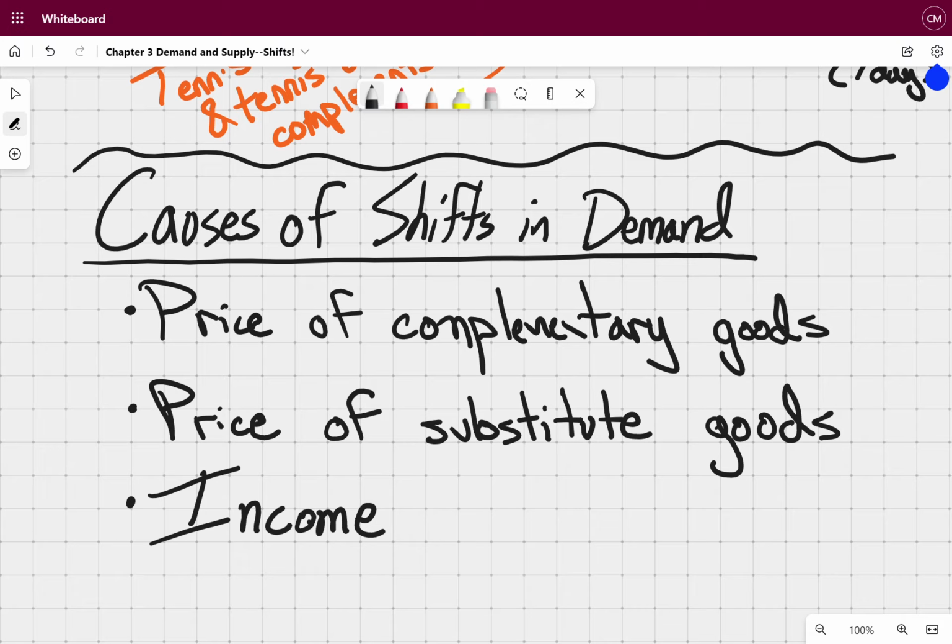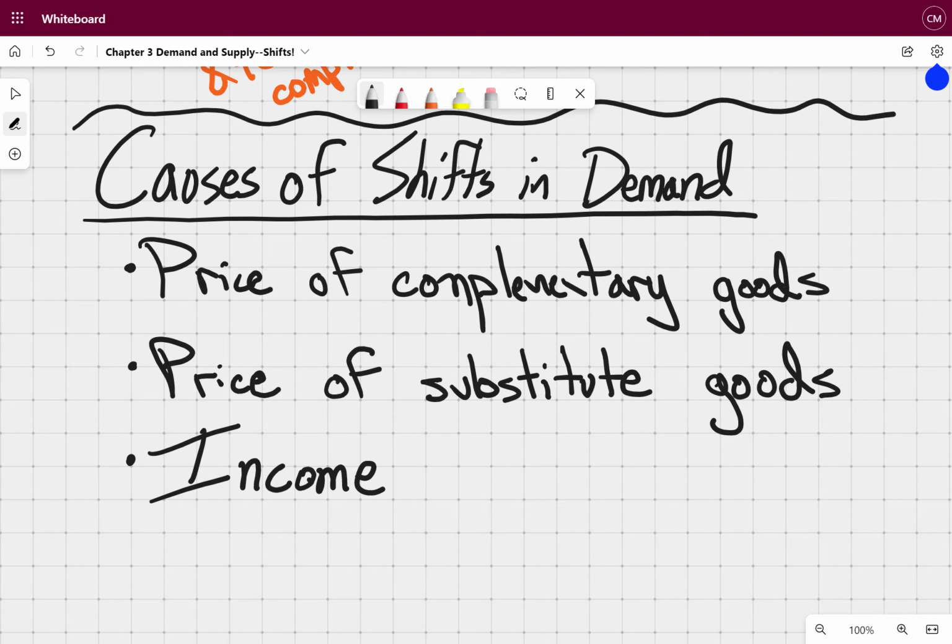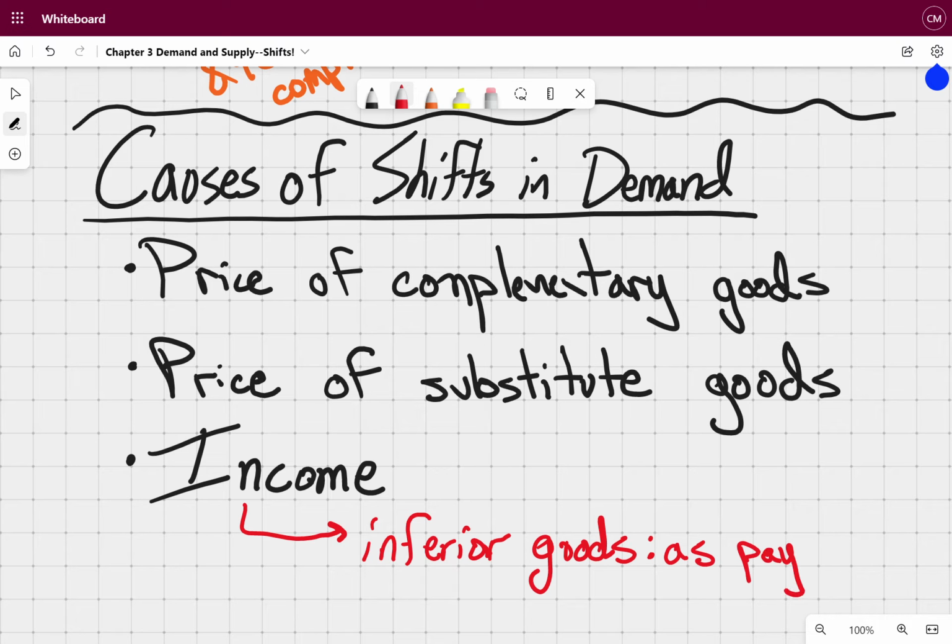But it's important for us to remember that when we're talking about income, there are two different types of goods. So we have normal goods and inferior goods. So let's first talk about inferior goods. Inferior goods are those where, as your income increases, so as you get paid more, the quantity demanded actually decreases.